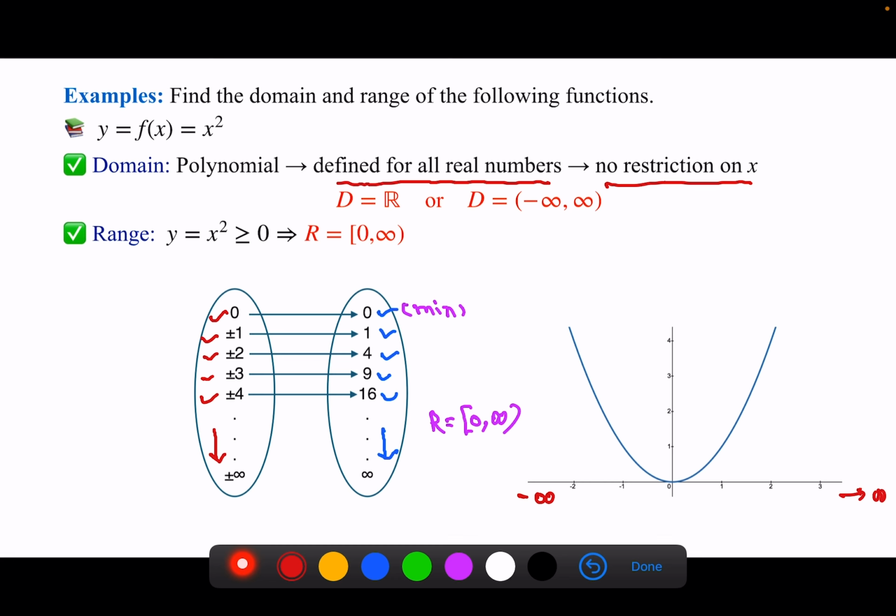And what about the vertical values? For the vertical values, you see that the minimum value is 0 and y tends to infinity. So the range is 0 to infinity, closed at 0.